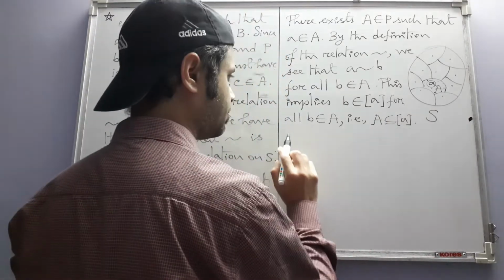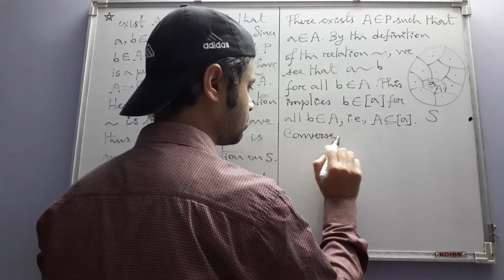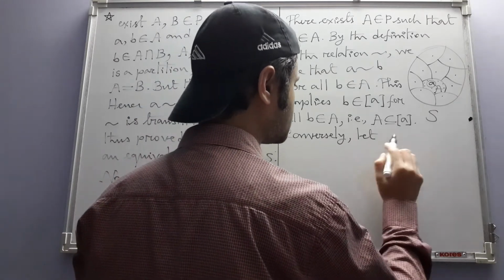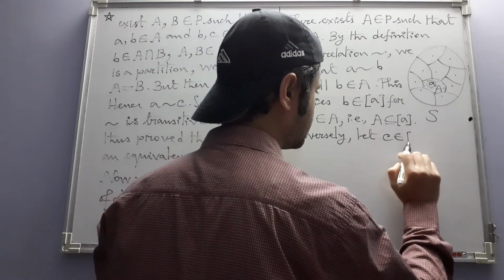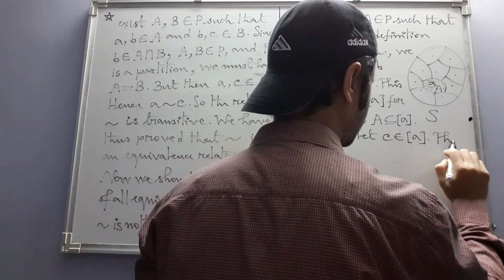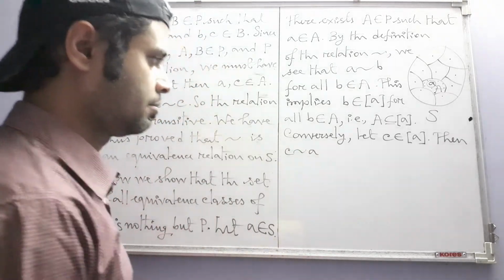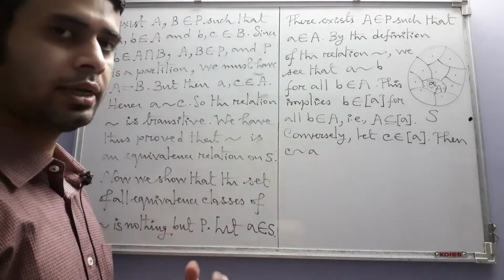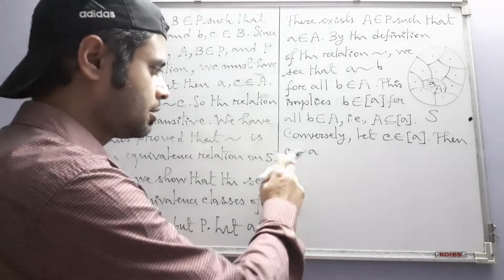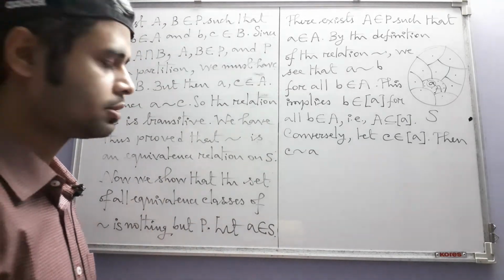For that, conversely, let C belong to the equivalence class of A. Then C is related to A. C is related to A or A is related to C. If you write any one of these two, it does not matter, because the relation is equivalence, so it is symmetric. So if one of them is true, the other is also true.